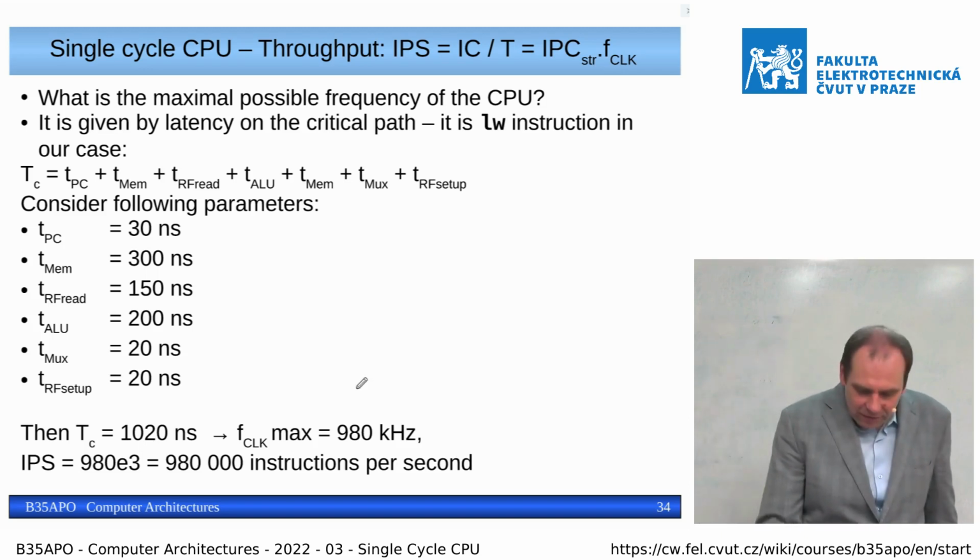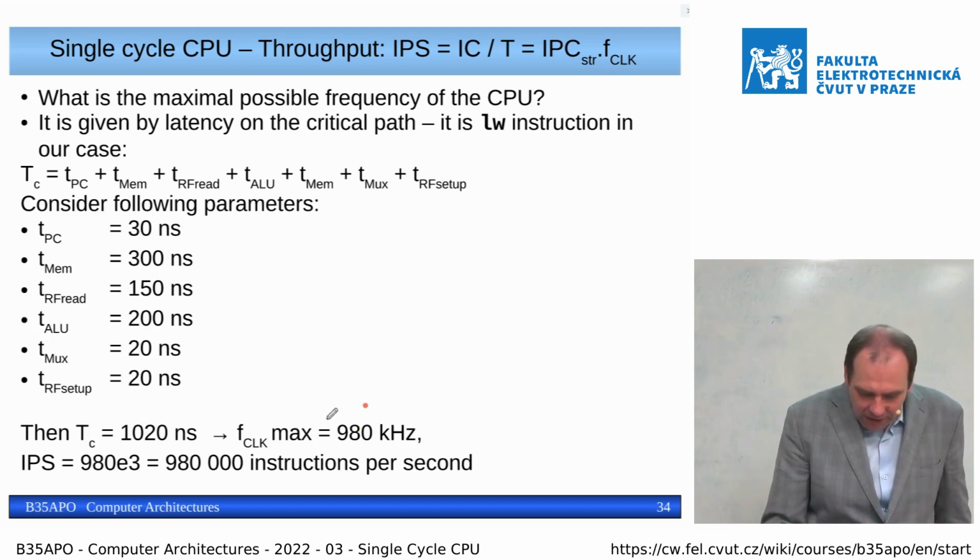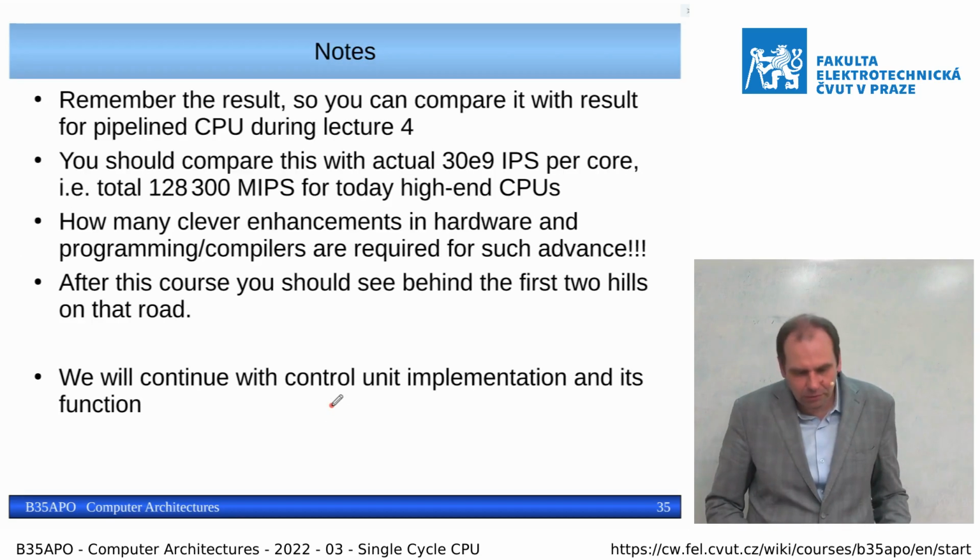So at the end, we end with something like a 1 megahertz processor, which is quite slow.